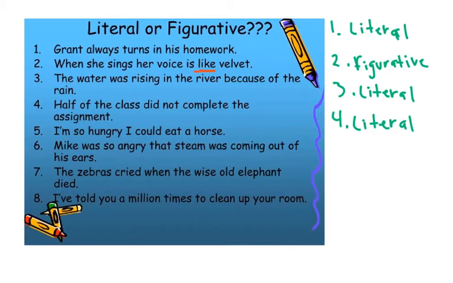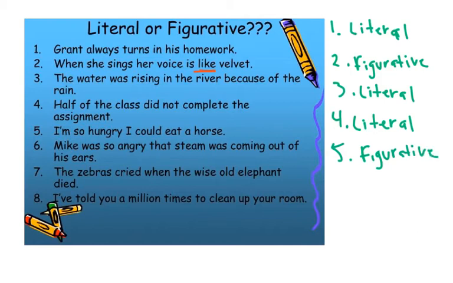Number 5, I'm so hungry I could eat a horse. We've probably even said this before. Nobody's going to eat an entire horse. That is not possible. So we will label that, oops, let's fix that, as figurative.